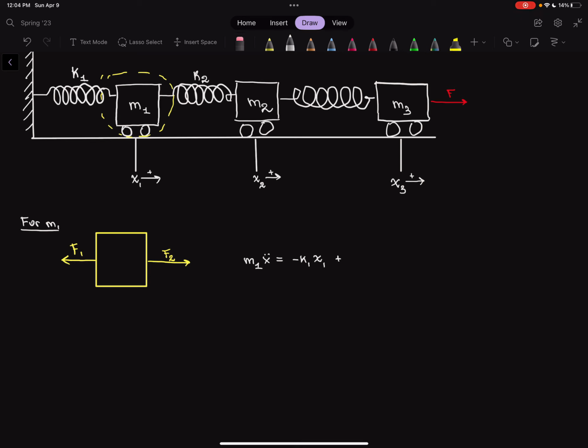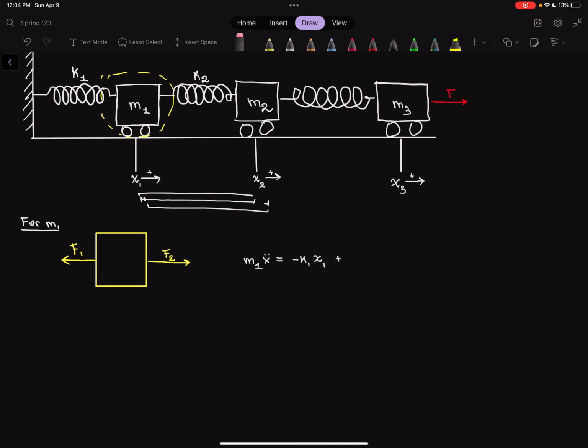You just have to think of this moving a little bit here, and think of this moving, let's say, a little bit less. Then we find a difference, and the difference is going to be how much K2 is going to be stretched. So if this is equilibrium and this gets moved by this much, and this gets moved by this much, all we have to do is find the difference between this distance and this distance.